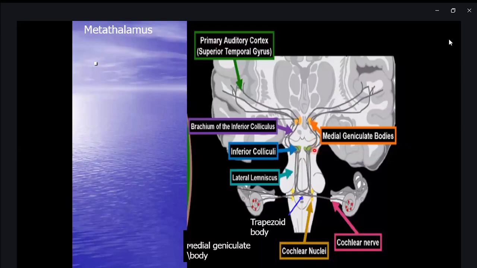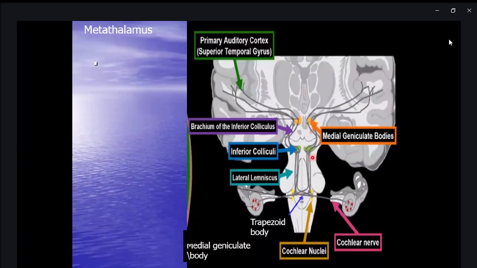Then we have auditory radiation within the internal capsule to the primary auditory cortex in the temporal lobe. So hearing is perceived in the temporal lobe. That's where there's integration and perception.